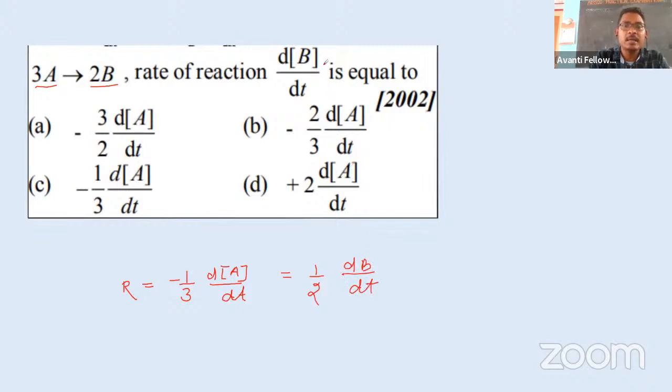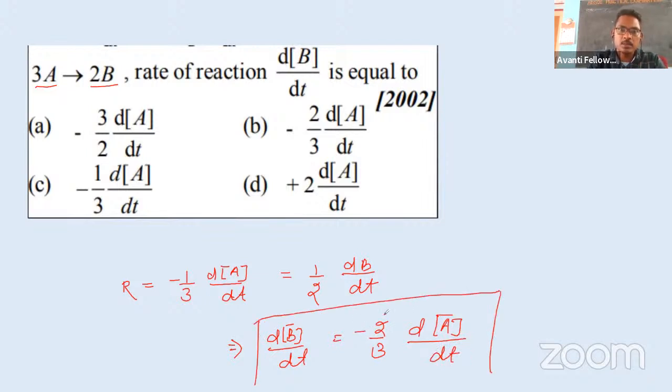We need the answer in terms of A for B. So we can write the rate of change of B with respect to time equal to minus 2 by 3 times the rate of change of A with respect to time.